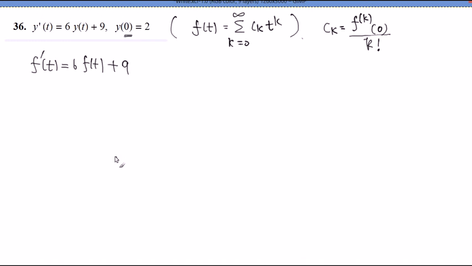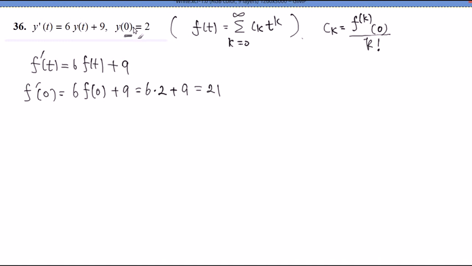So at the beginning, if you plug in f of 0, which is 2, this whole thing is 6 times 2 plus 9, so it's 21. Right, so that's f prime of 0, correct? If you plug in x equals 0, f prime of 0 is determined by 6 times f of 0, which is given here as 2.